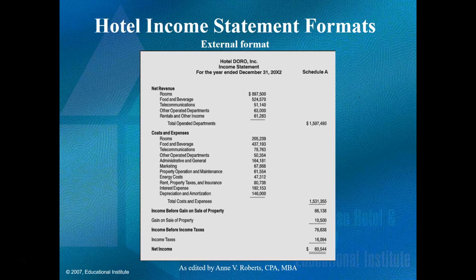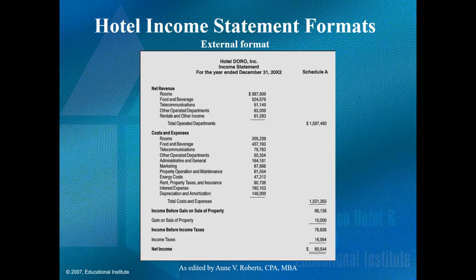Then there's our same administrative and general, marketing, property operations and maintenance, and energy costs. That's going to be the totals from each one of those departments. Then again, we bring those numbers over for the remaining, okay?